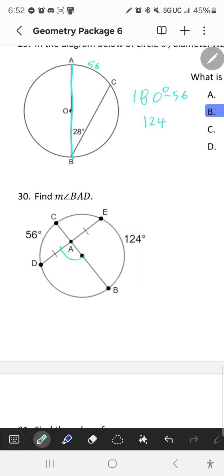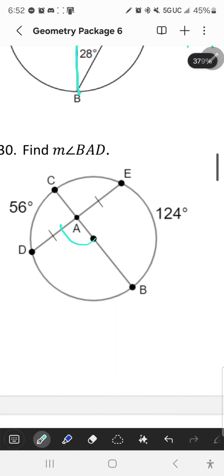The angle from inside a circle, with these conditions, one chord bisecting the other, and they're intersecting inside the circle, is very, very specific.